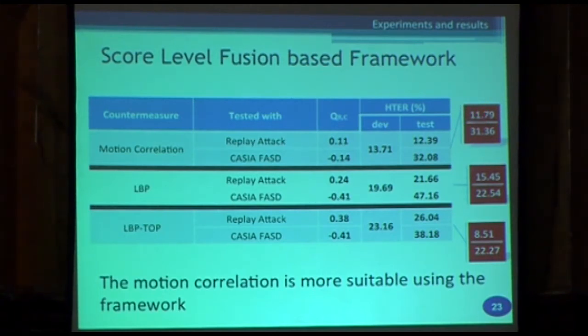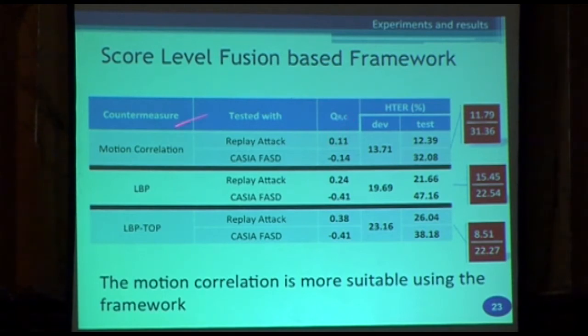So we were able to create a framework that was able to get almost the same performance that we got with training and testing with one database. And the Q here is close to 0.